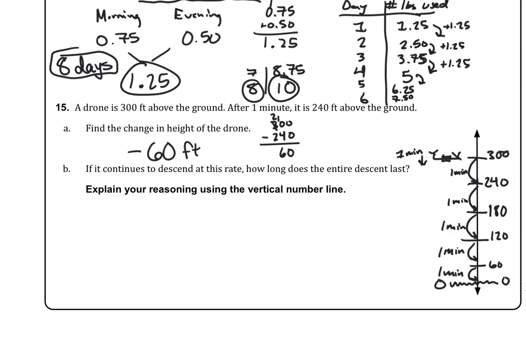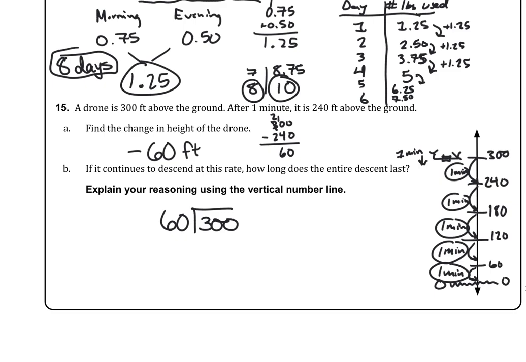Okay, so the entire descent would be how many times did I jump 60 feet down? Well, I did 1, 2, 3, 4, 5 different times. We also could get that by thinking, if I go down 60 feet per minute and I start at 300 feet, how many minutes is that going to be?